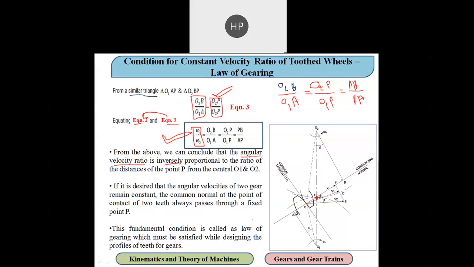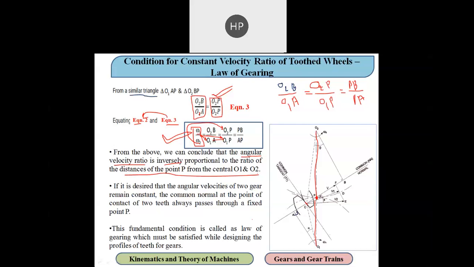For omega 1 the distance is O1P, not O1A, this one, O1P. And same way for omega 2 the distance is O2P. So it is inversely proportional to the ratio of distances of point P from the centers O1 and O2. So this is the law of gearing.